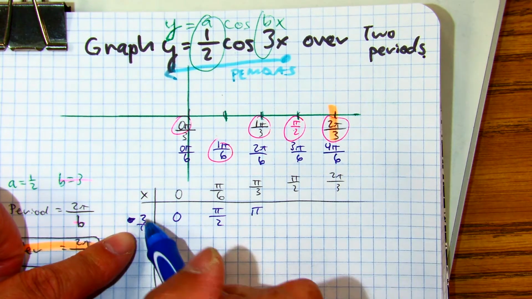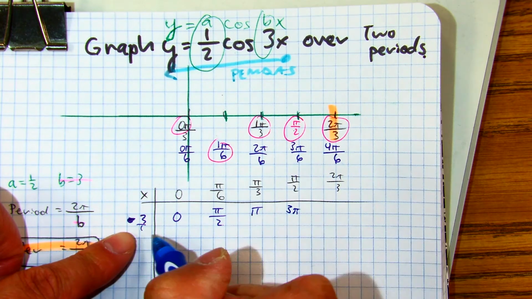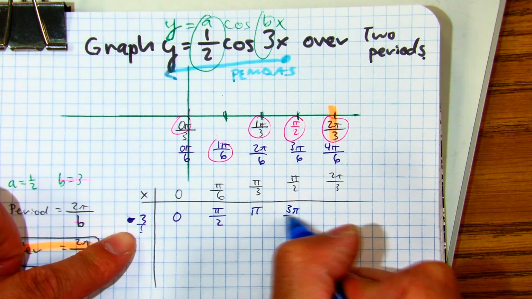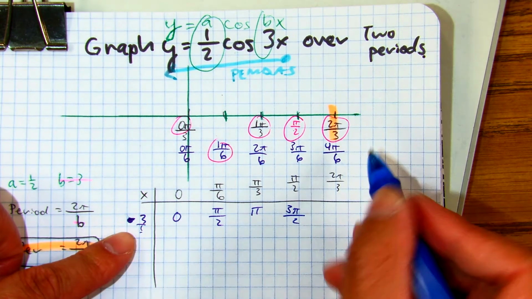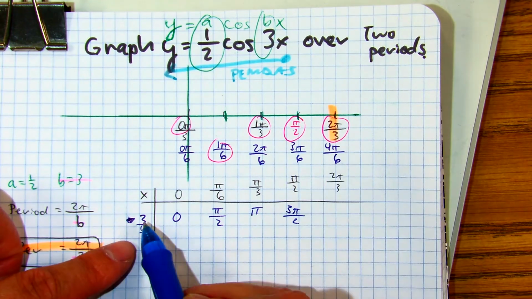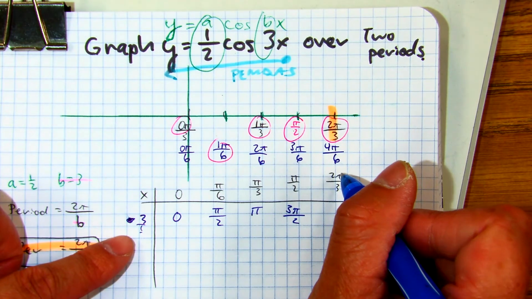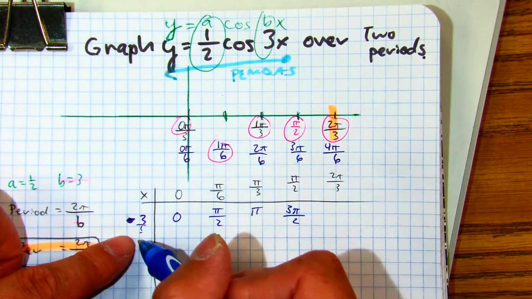So 3 times pi is? Yes. And 1 times 2. It's multiplying. No negative. 3 times 2 pi? And 1 times 3.